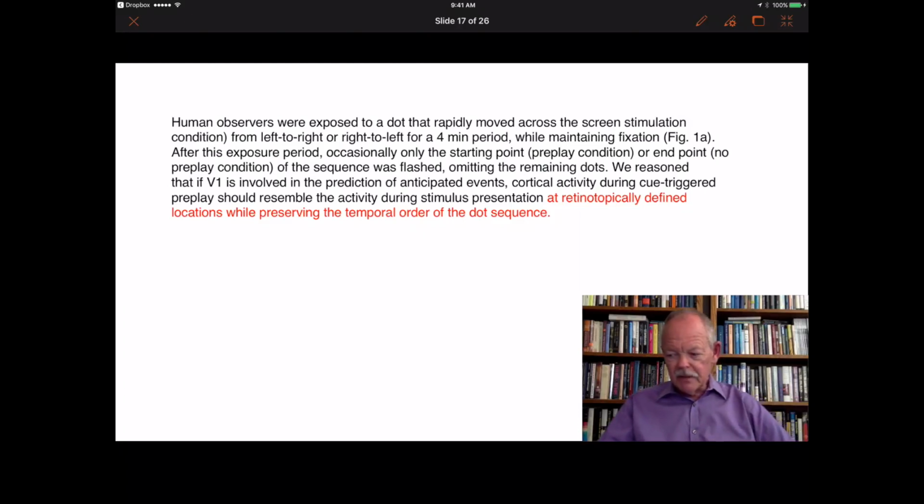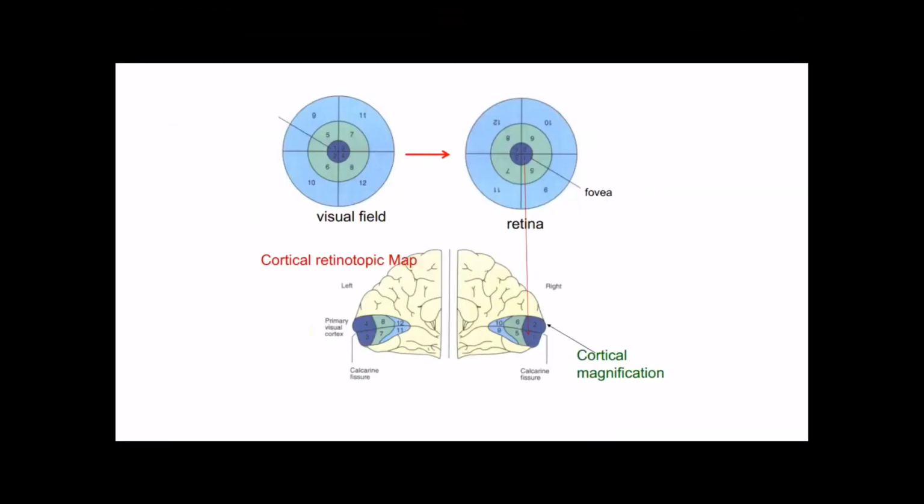So the reasoning then is that if V1 is involved in the prediction of anticipated events, cortical activity during the cue-triggered preplay should resemble the activity during stimulus presentation at retinotopically defined locations while preserving the temporal order of the dot sequence. That's a mouthful. Next slide will show you how this is done.